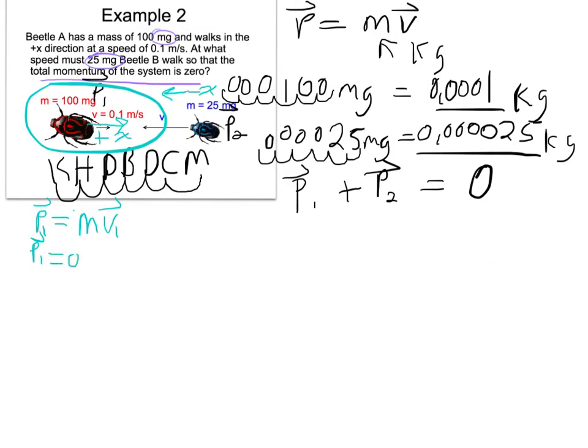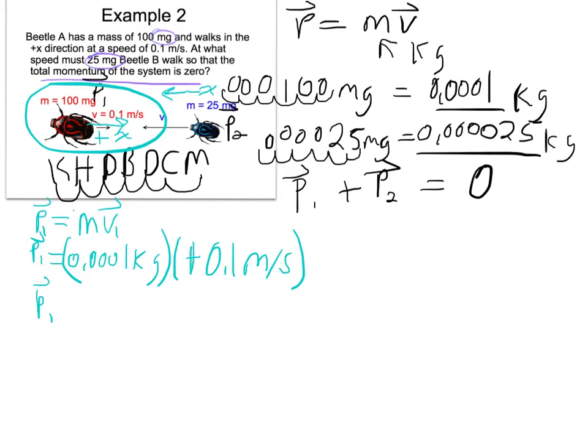So we decided that's 0.0001 kilograms times 0.1 meters per second. And that gives me P1. Oh, wait, we said bug 1's walking positive, so positive 0.00001 kilogram meters per second.